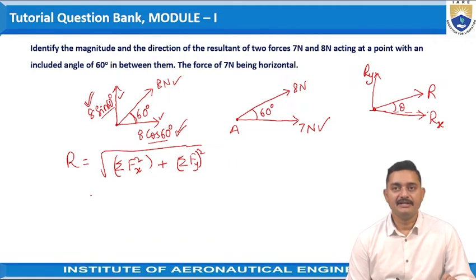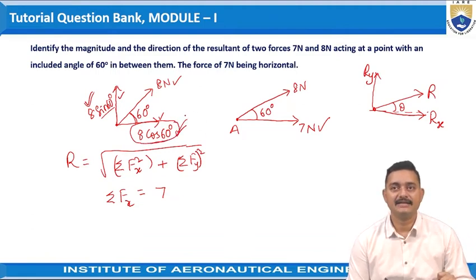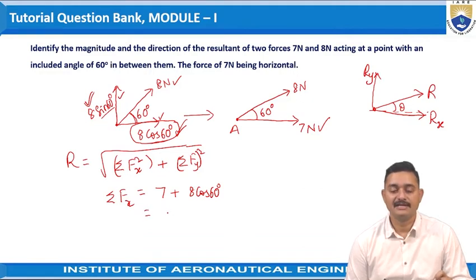If we identify the summation of horizontal component forces, sigma Fx, we can write it as the horizontal force 7 and another horizontal force, 8 cos 60 degrees, which is acting in the right hand side direction. That means it is a positive force. So plus 8 cos 60 degrees. These two are the horizontal forces. When you solve this, you get the value of sigma Fx as 11 Newton.